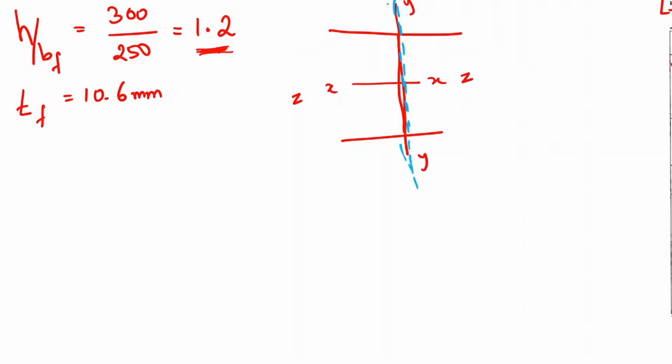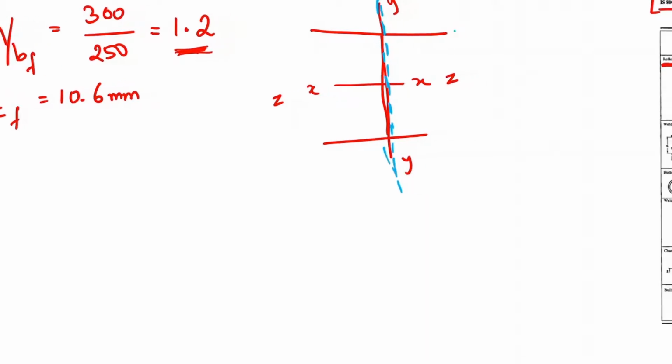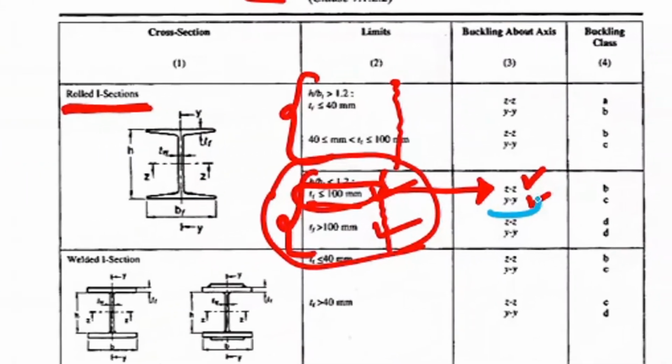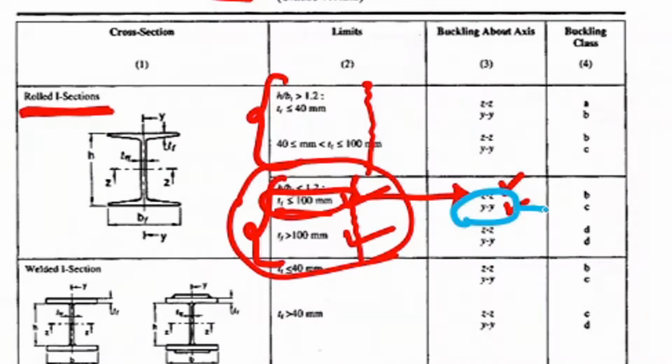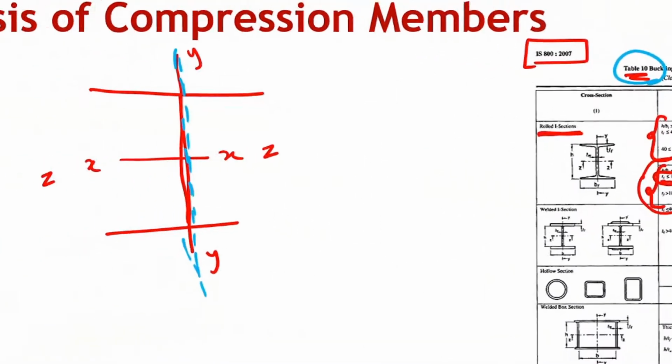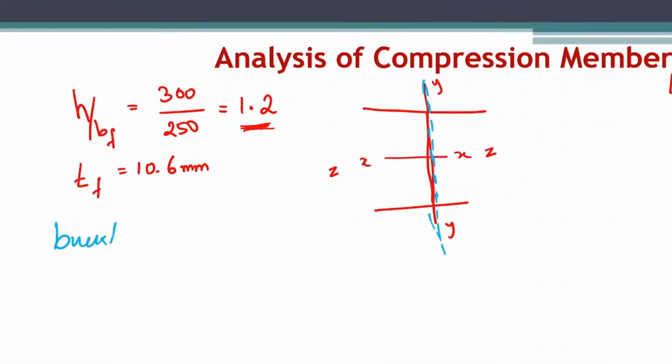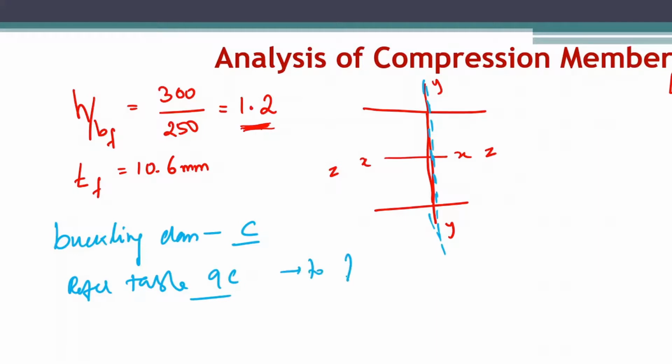So buckling is going to happen about the axis yy. If buckling is going to happen about this axis yy, then the corresponding buckling class is C. So from this table we found out the buckling class for the given section is C. That means you need to refer to table 9C to find design compressive stress FCD.